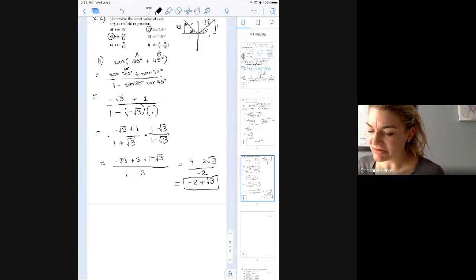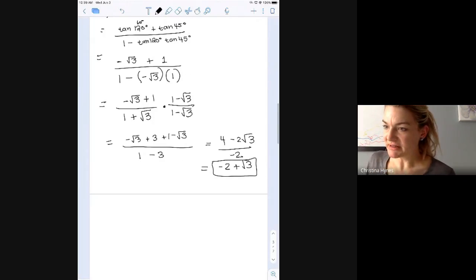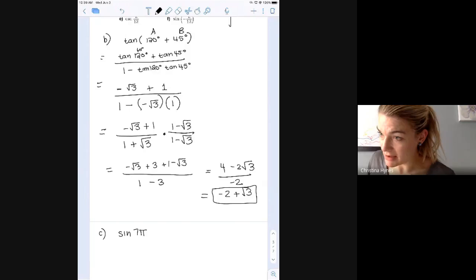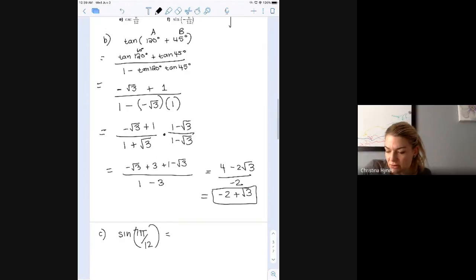And then you need to use what sine A plus B is, or what sine A minus B is, depending on how you chose to do these. So don't think that there's just one way, there are multiple ways to get these answers. So we're doing sine 7 pi over 12. You just have to figure out two special angles that add up to that.